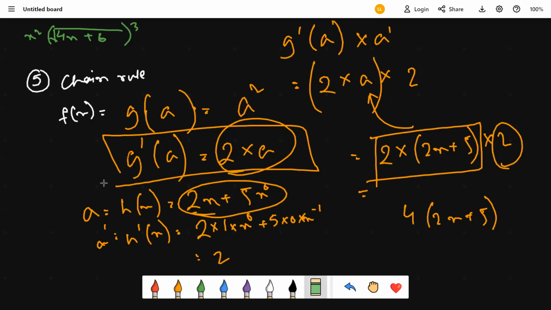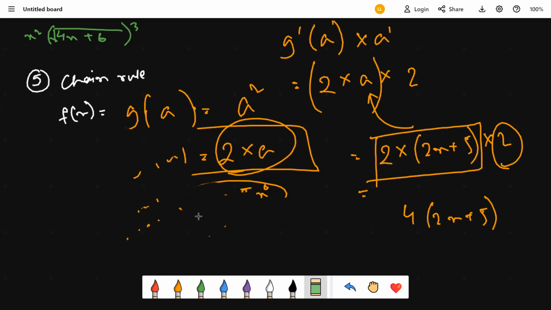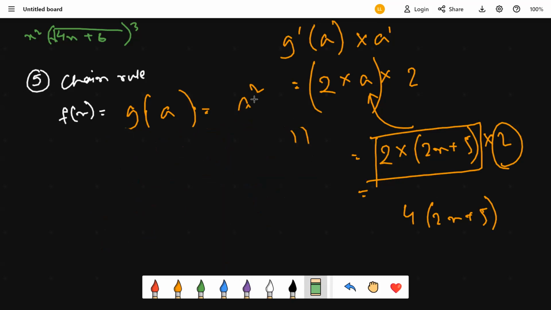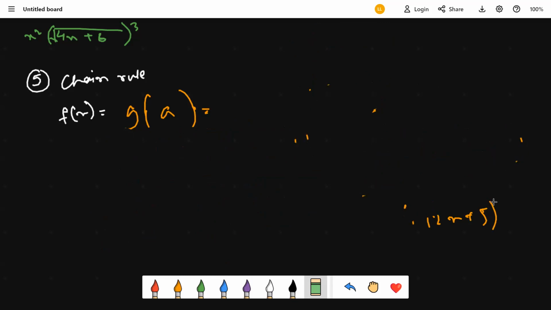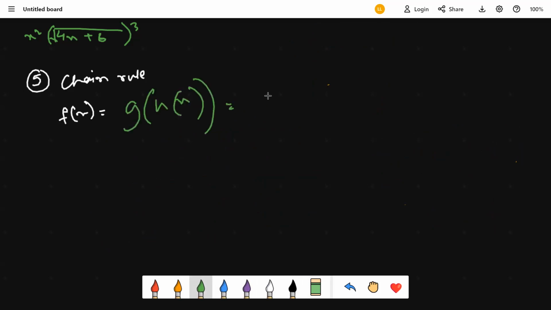Let's do it another time, but this time consider h of x instead of a. We will do the same math with h of x. So we have the function g of h of x equals 2x plus 5 whole square.